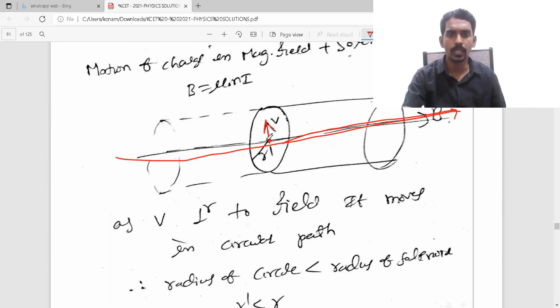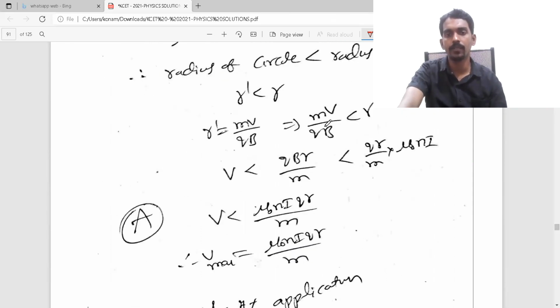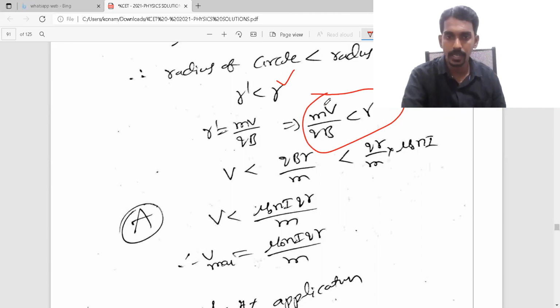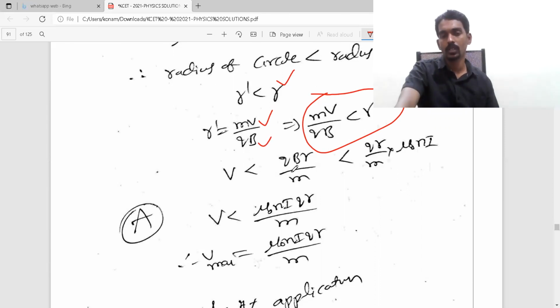When it rotates in this circular manner, the radius should be less than the radius of the solenoid, then only it will not touch. When a charge is projected perpendicular to the field, the radius formula is mv by qB. So mv by qB should be less than the radius of the solenoid. That is the condition I have taken here. If you understand that condition and remember this formula, then only you can get it, where B is the field due to the solenoid, that is mu naught n i.